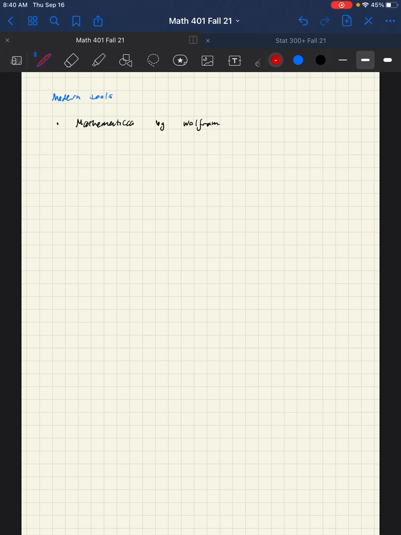Wolfram is a company that handles such tools as Wolfram Alpha. And yes, it is integrated with Wolfram Alpha. So if you are using Wolfram Alpha to perform any sort of calculation, it is in fact using Mathematica. So it's super cool. You're like plugging into a kernel of Mathematica.